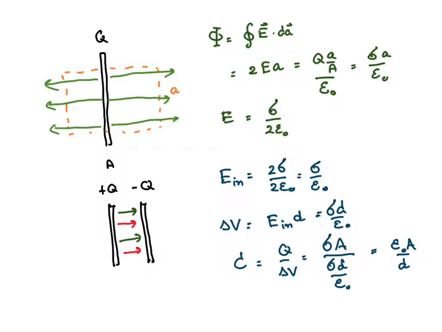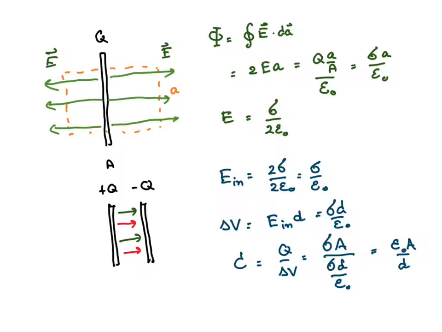If you can remember, if we have a plane that has a charge uniformly distributed, it will produce an electric field. And from symmetry, we know that the electric field will point in the direction perpendicular to this plane.